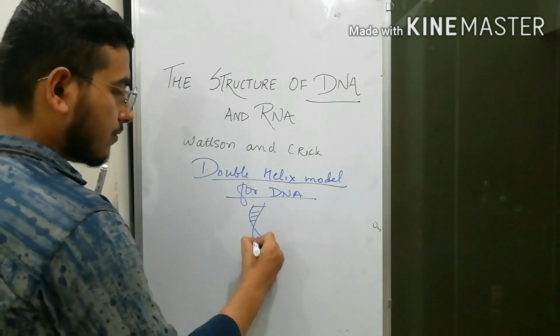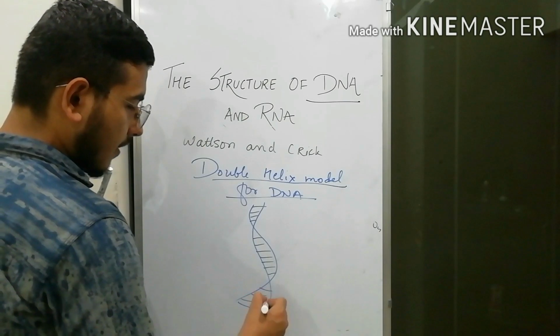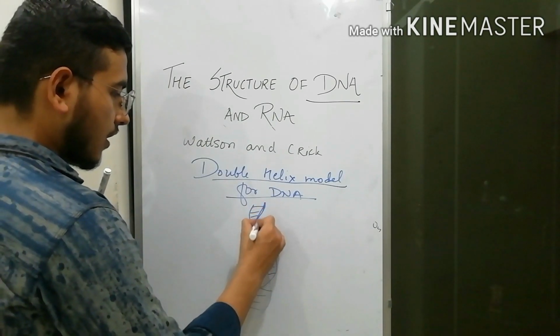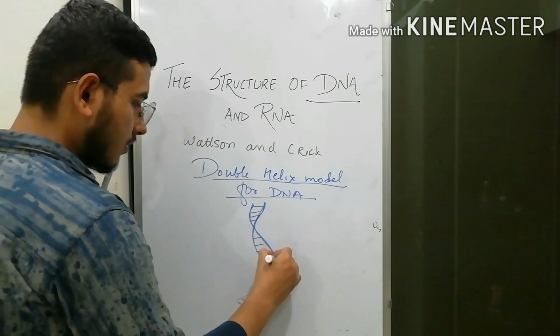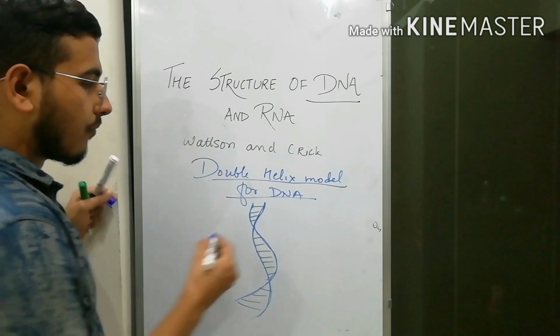These are hydrogen bonds between nitrogenous bases, and this is the phosphate sugar backbone.